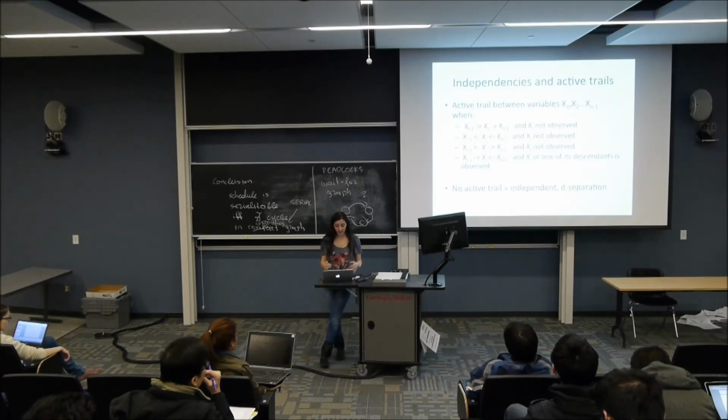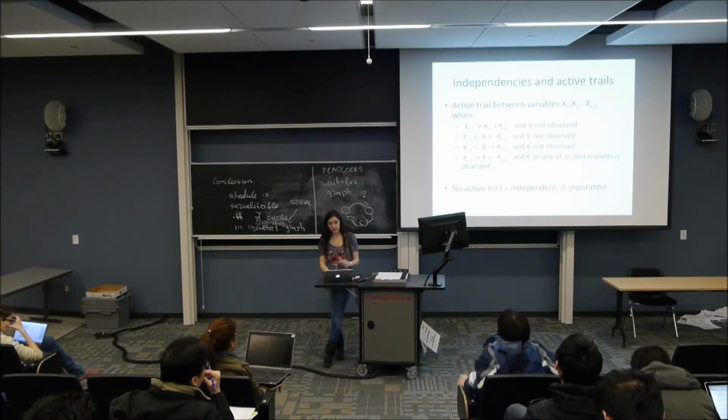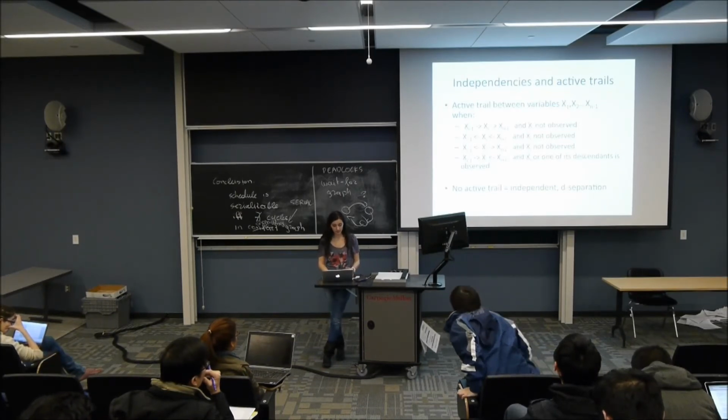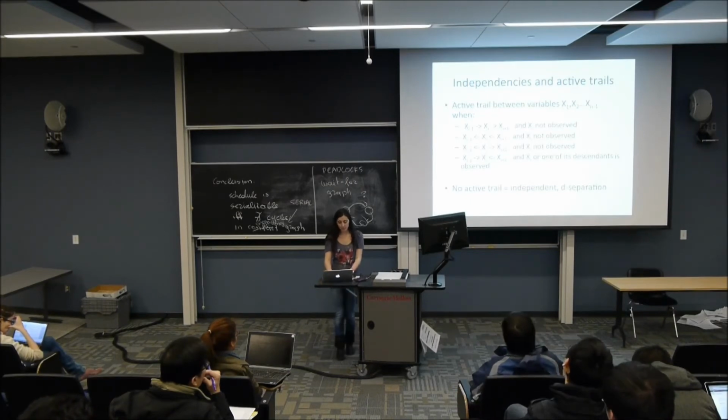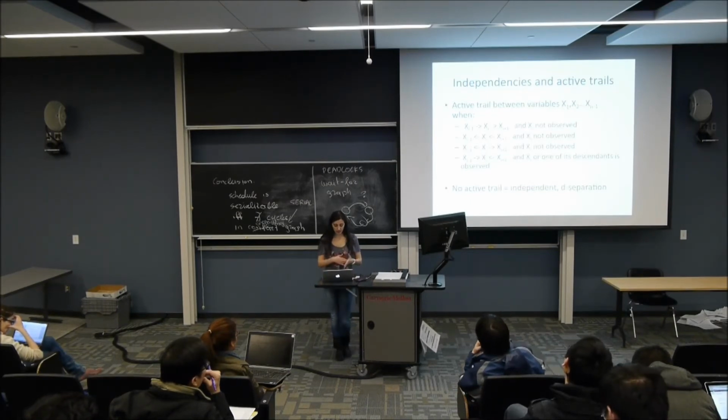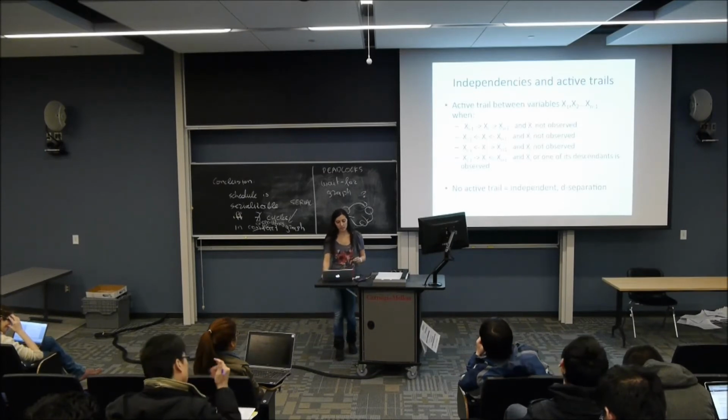And finally, if we have a common effect and the middle node or one of the descendants of the middle node is observed. Okay, so any of those 4 cases means that you have an active trail. And if you don't have any active trail between 2 variables, then you can say that those variables are independent, or this is called d-separation.